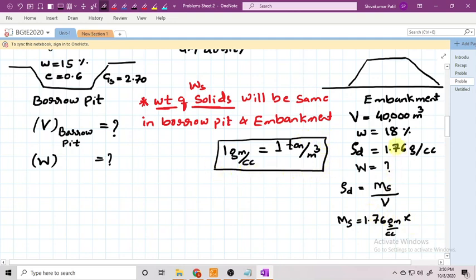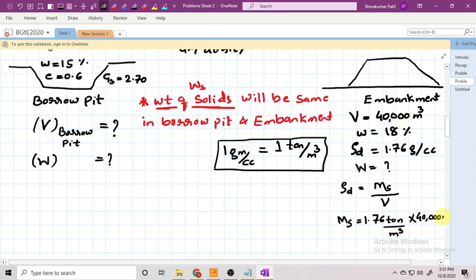So 1.76 gram per cc is equivalent to 1.76 ton per meter cube. Into the volume, 40,000 cubic meter.